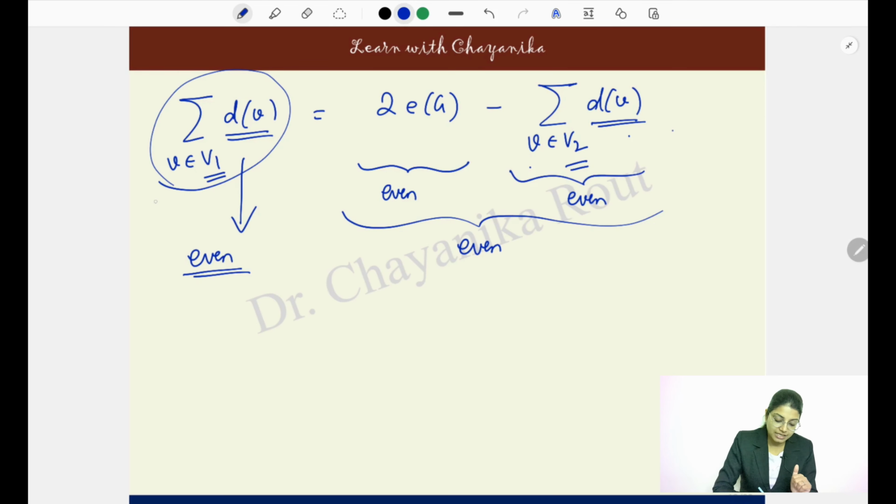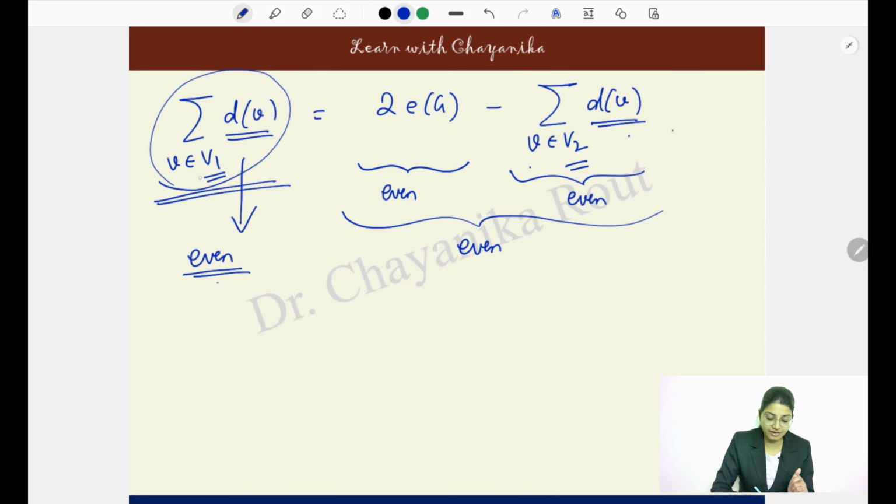Now, when is it possible that you are adding odd integers one by one and the resultant is even? That is possible only when you are adding an even number of odd integers. That means this summation contains an even number of terms. Every term is odd, but since there is an even number of terms, that is the reason the total quantity as a whole is coming out as even.